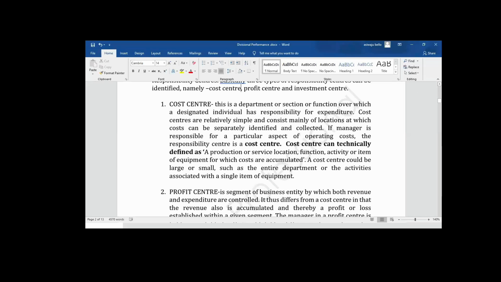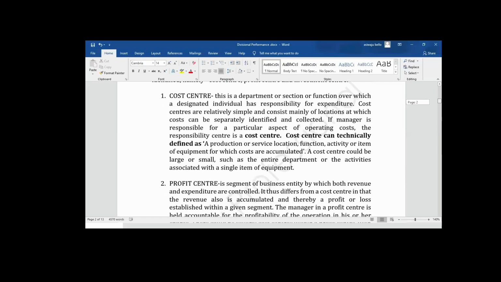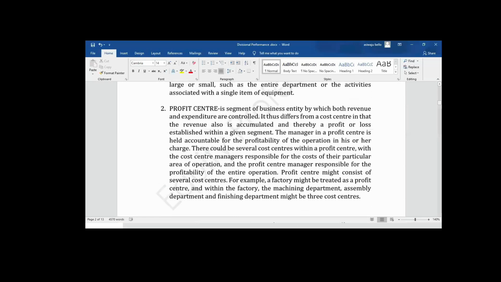Number two, profit center. A profit center is a business segment by which cost and revenue are controlled. A profit center is a business segment that has authority to incur cost and generate revenue. This business segment can determine its own profit or loss.